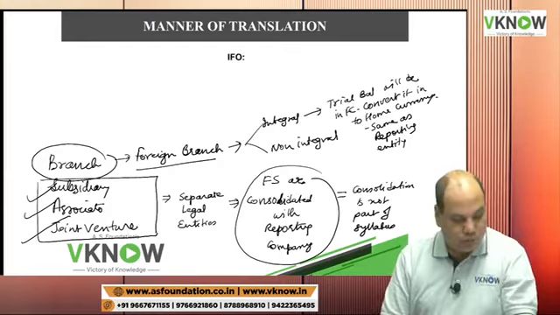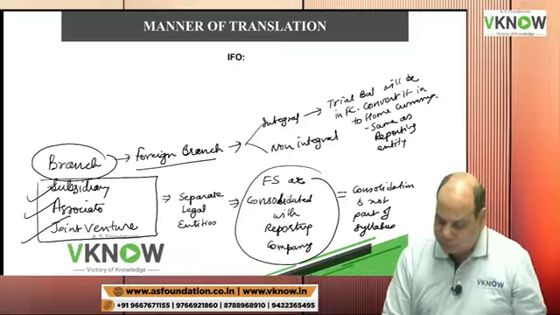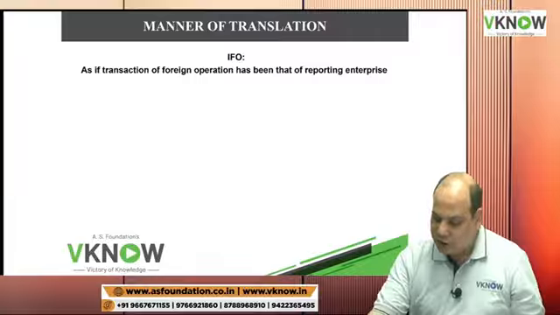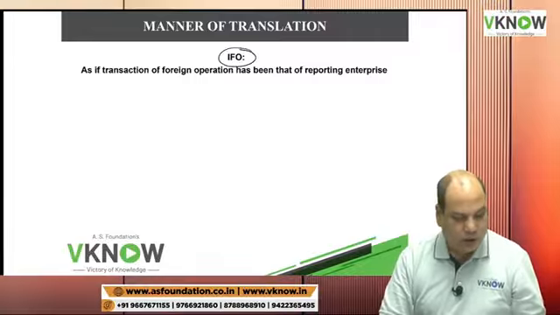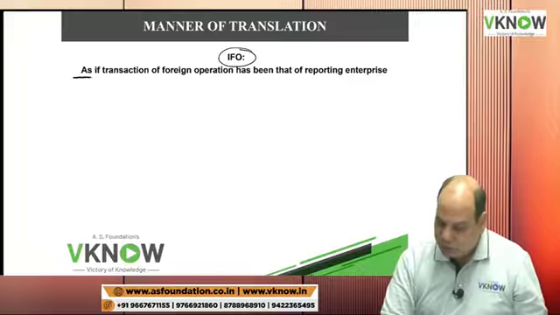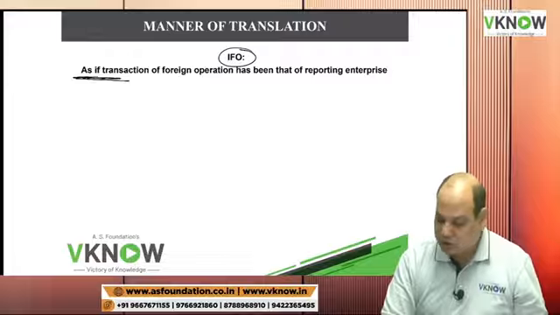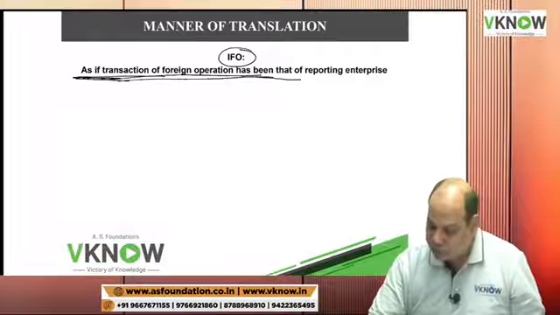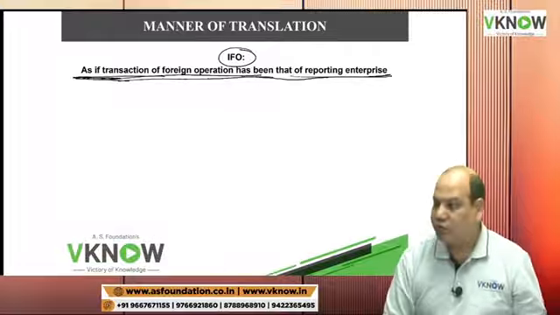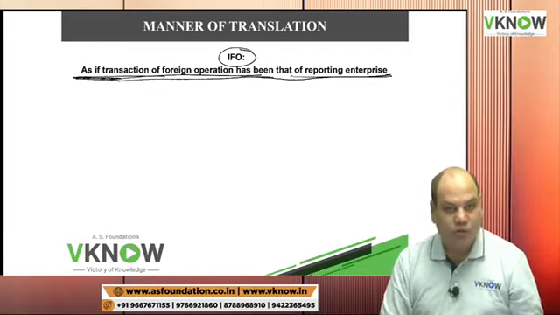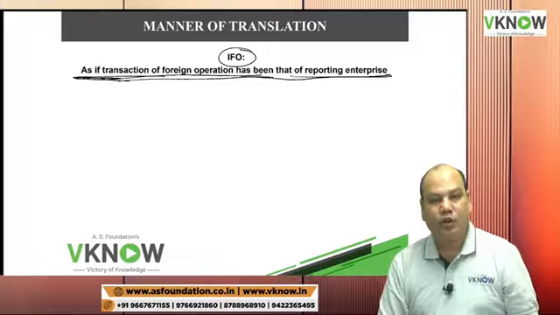Okay, so in your book, in the next paragraph, there are two tables. The first table is for integral foreign operation. I am not going to read the whole table. The answer is simple: convert the transactions using the same rules which you apply for the reporting enterprise.